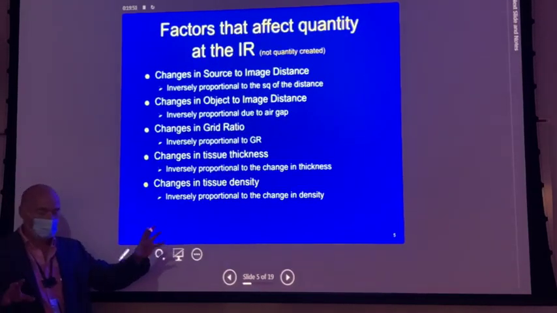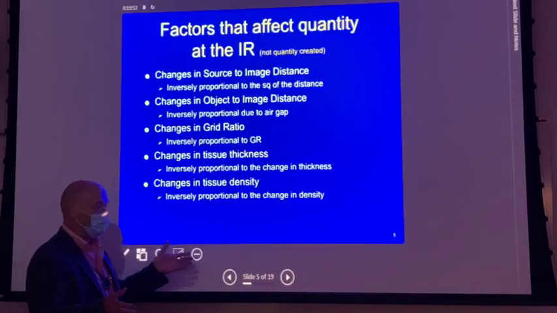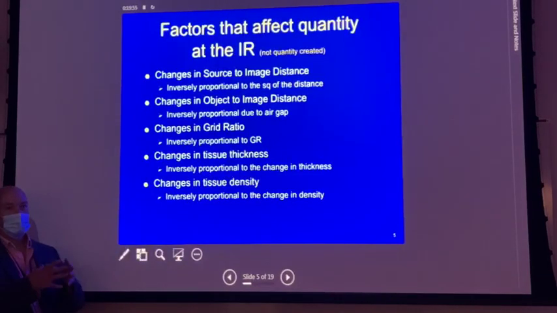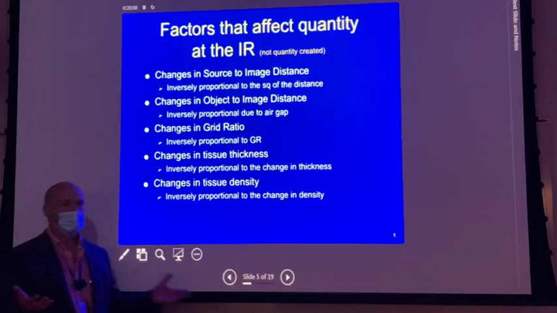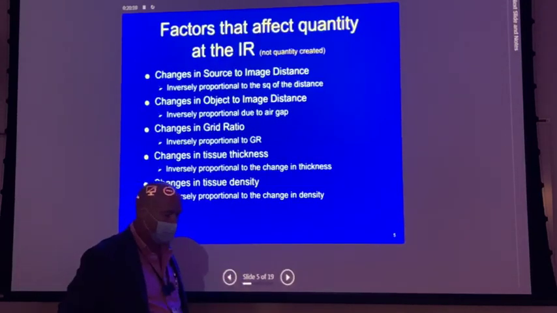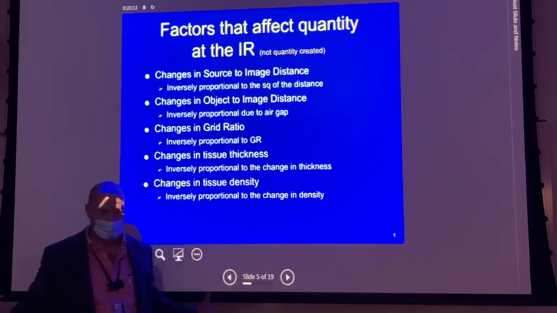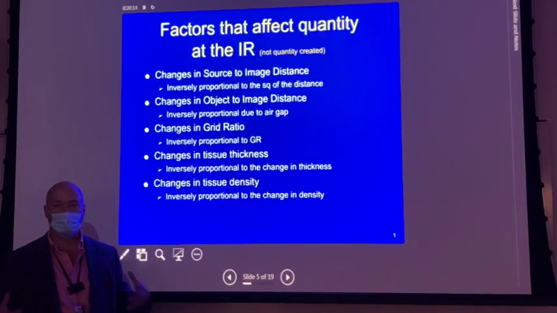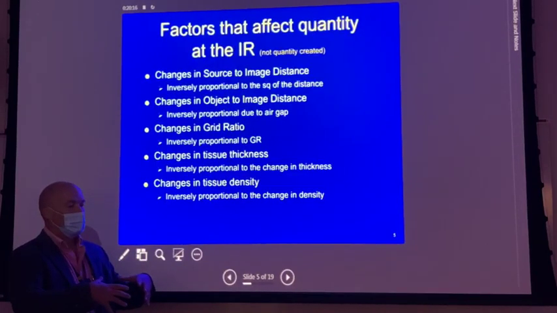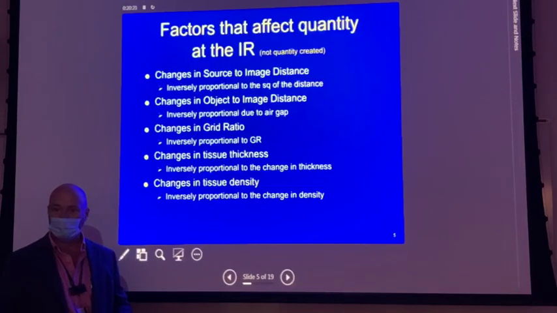But again, and we'll talk about this more and more, if the change in thickness is due to a decrease in density, and the decrease in density is air, then you're gonna have a dramatic increase in radiographic density, okay? So in that case, think about a patient who's bloated. They've got a great big distended abdomen, and in one case, one patient, you've got ascites. What's ascites? Fluid. Water, fluid, right.